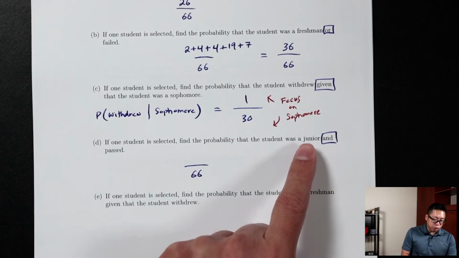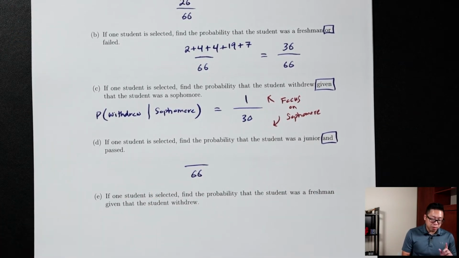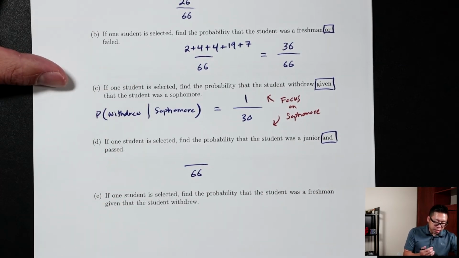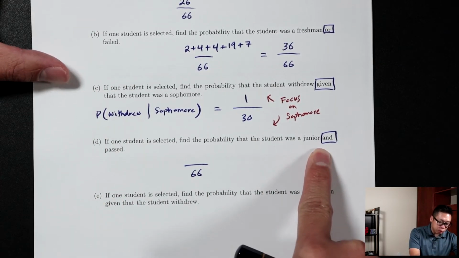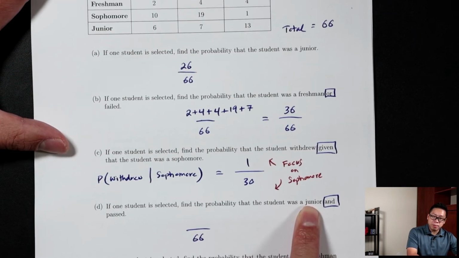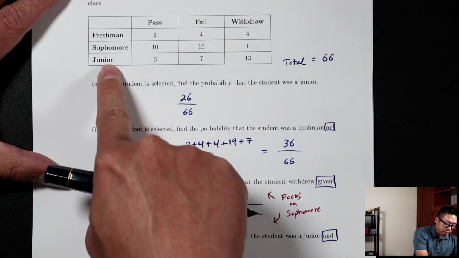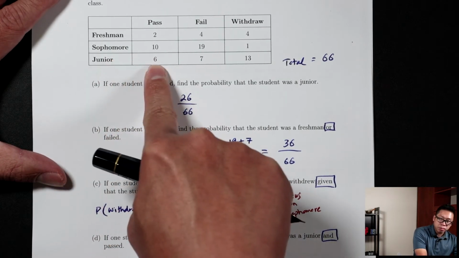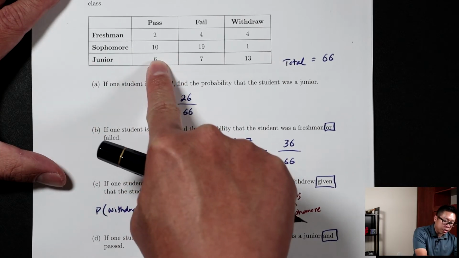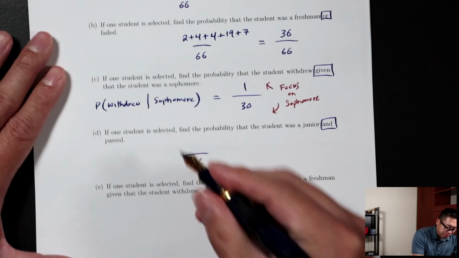And I want the students who are juniors and at the same time passed. And as a hint, ands will be a single number in the table. So junior passed, 6.